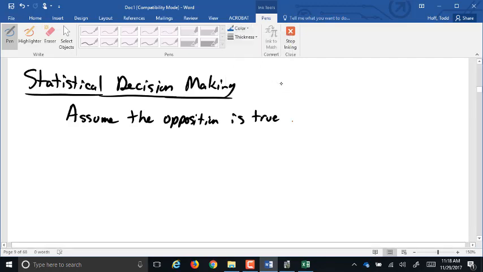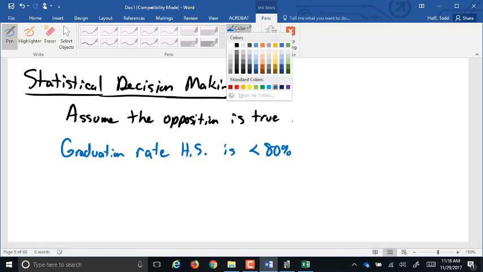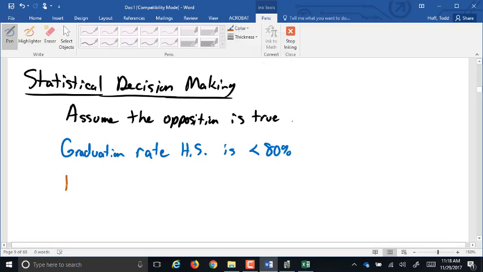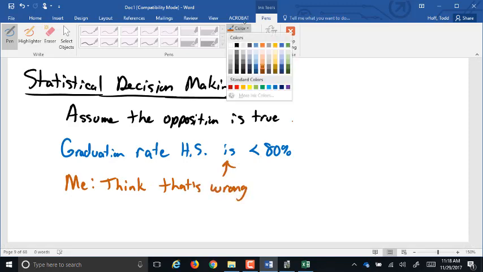Like if someone claims that the graduation rate in Wisconsin high schools is less than 80%. And I claim they're wrong. Let's say I think that claim is wrong.